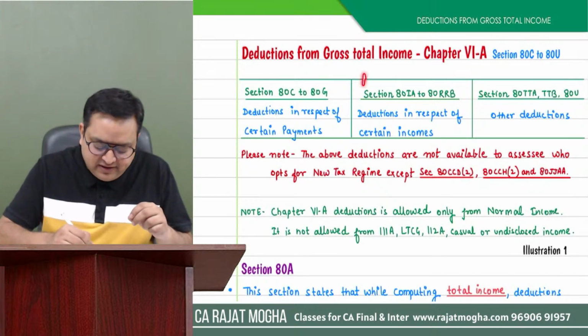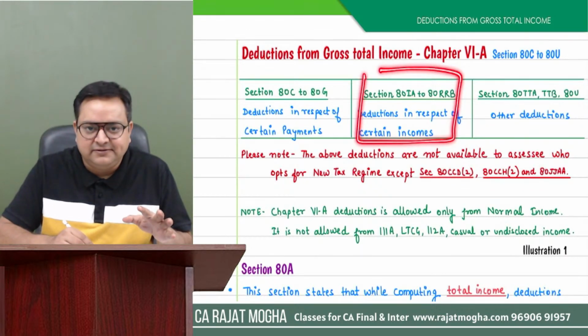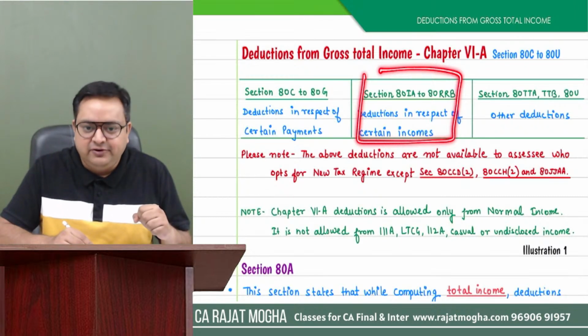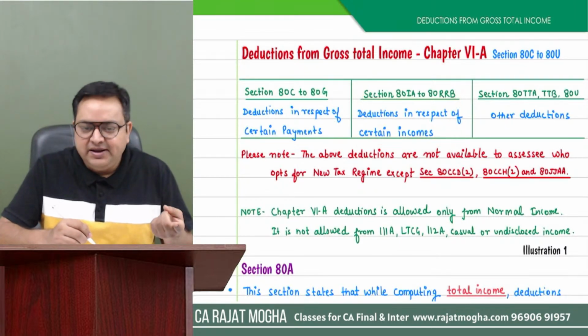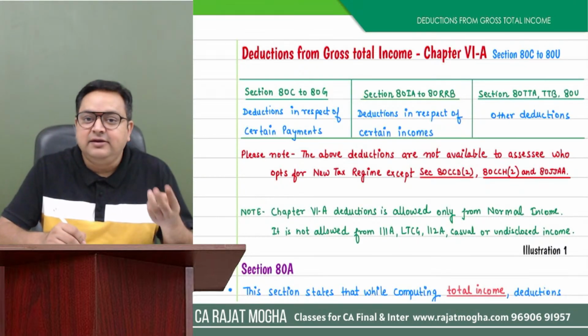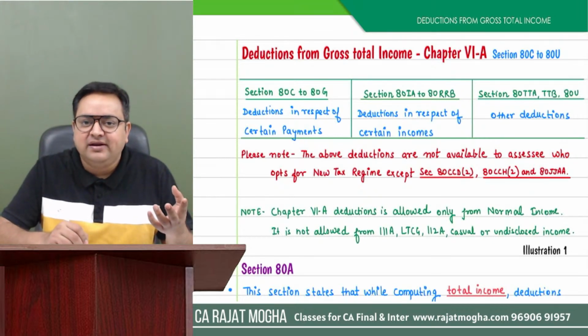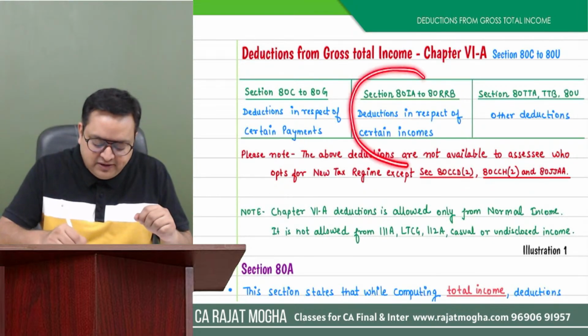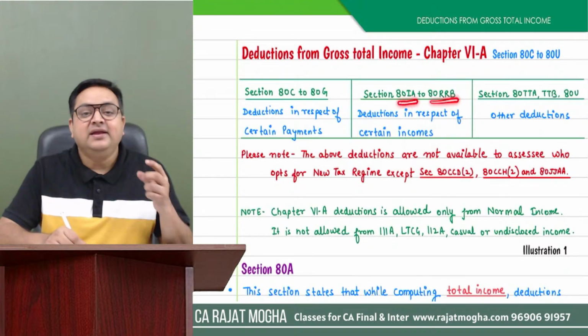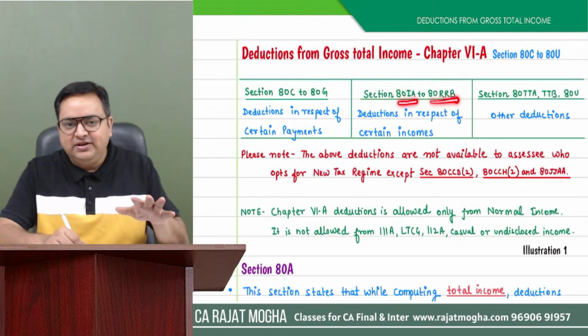So in this category, we have only 2 or 3 sections in our CA Intermediate course. One is 80JJAA. The others are 80QQB and 80RRB. You remember the royalty sections 80QQB and 80RRB. So although this category starts from 80IA to 80RRB, in our Intermediate syllabus we have only 3 sections.